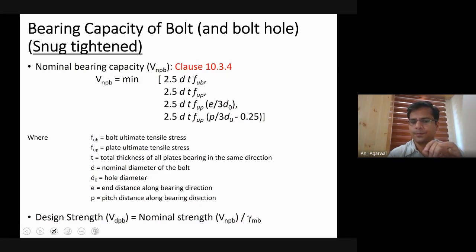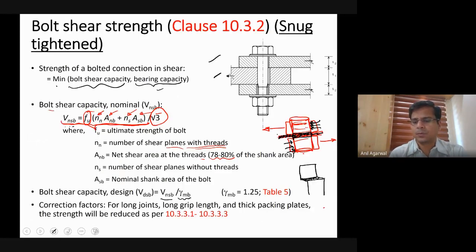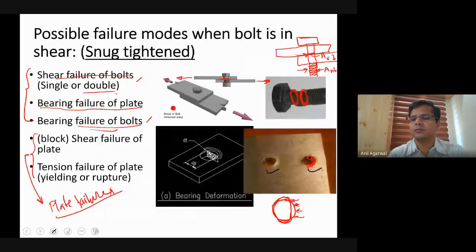Because actually what may happen is you may be looking at the plate's failure, or you may be looking at the bolt's bearing failure also. Depending on which material is weaker, you may have the failure of the bolt also. So ultimate stress. These are the three important parameters. Anything else that you can figure out from this picture?